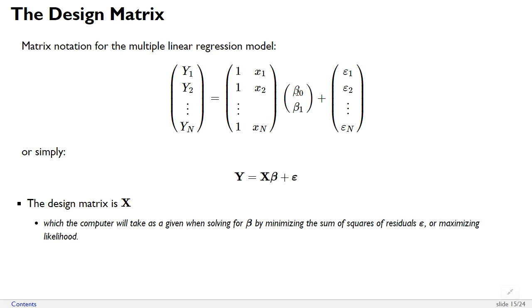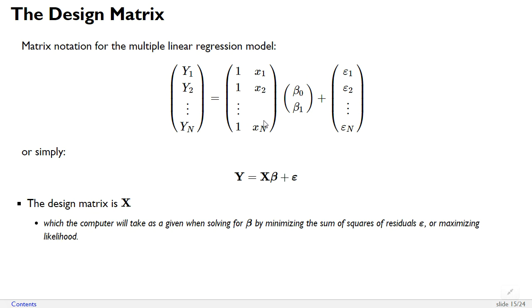It would be 1 times beta 0 plus x times beta 1. So that sounds just like your linear predictor, right? Plus epsilon 1 equals y1. So this is exactly like you learned. But in this notation, you would then repeat. So for your second observation, 1 times the intercept plus the x variable for observation 2 times its slope, beta 1, plus epsilon 2, that residual, is equal to y2.